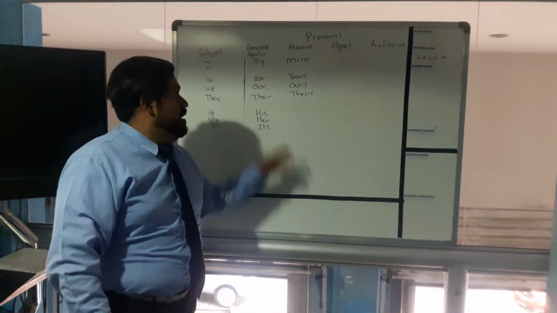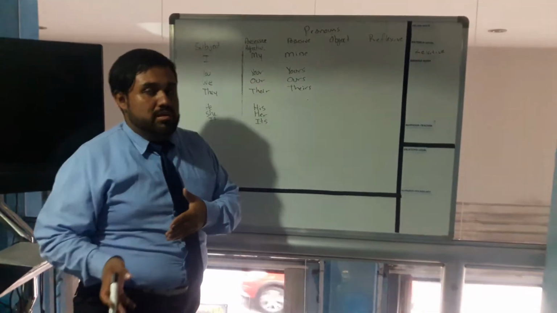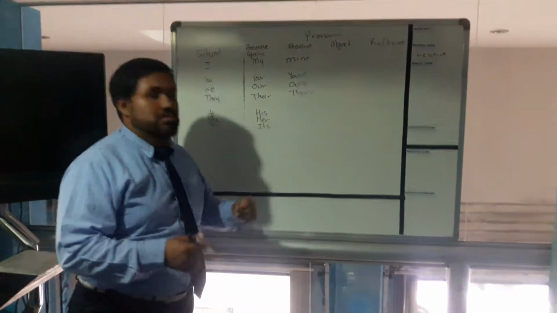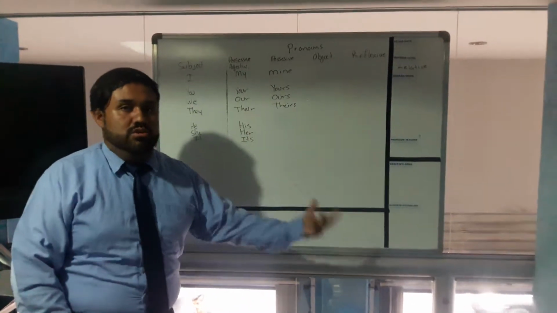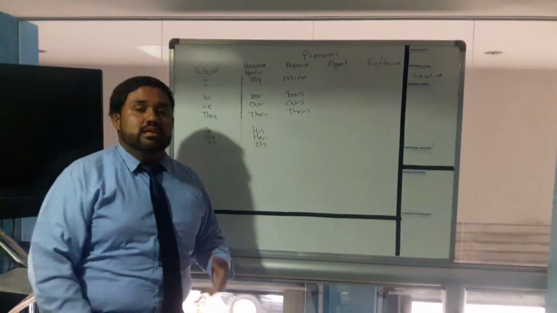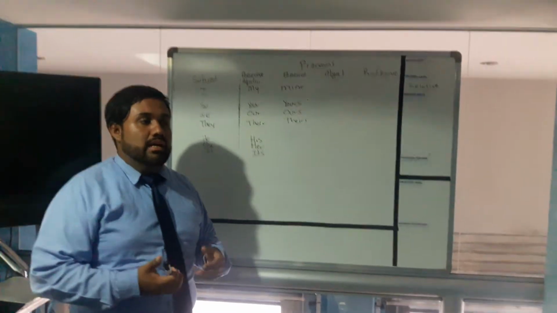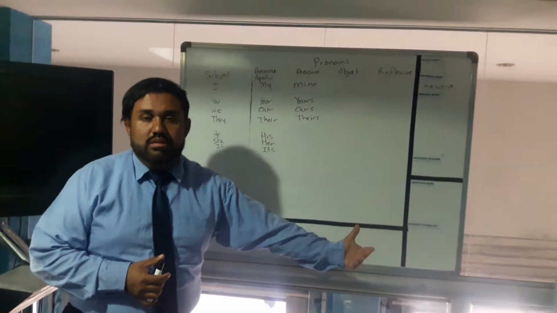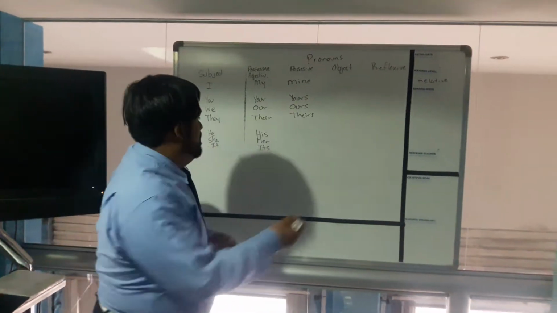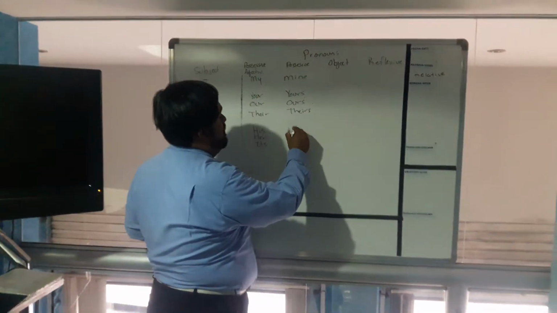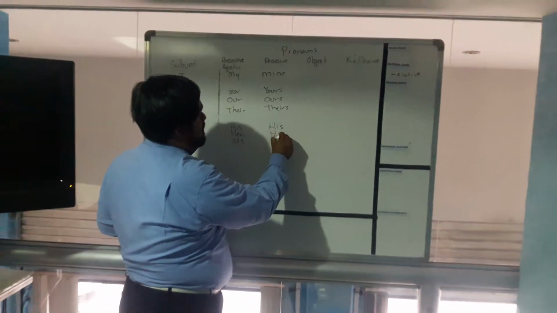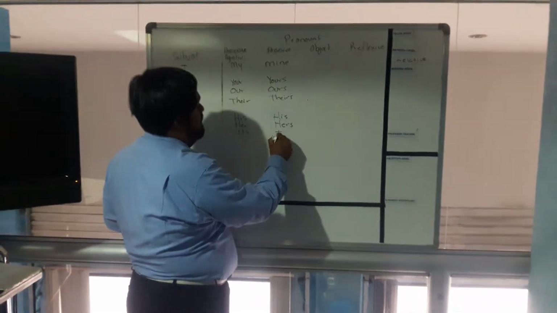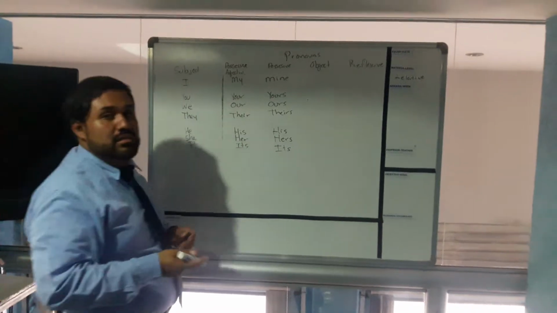But with possessive pronouns, you say the whiteboard is yours, in Spanish something like el pizarrón es tuyo. So that's the difference. For the third person is his, hers, and one more time, its.